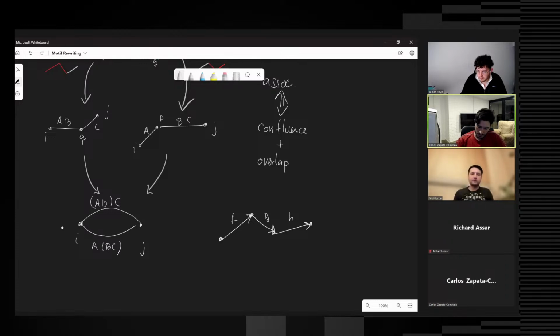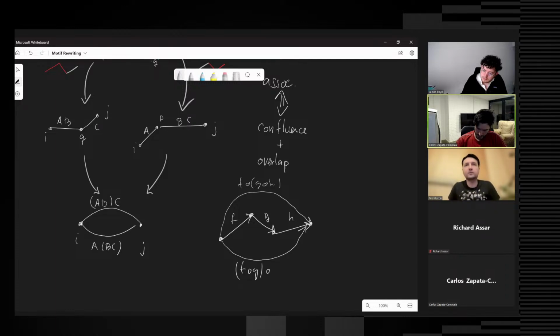You can compose FG first and then H, in which case you get this morphism, or you can compose GH first and then F, in which case you get this morphism, right? So F composed with GH, or FG composed with H, right?